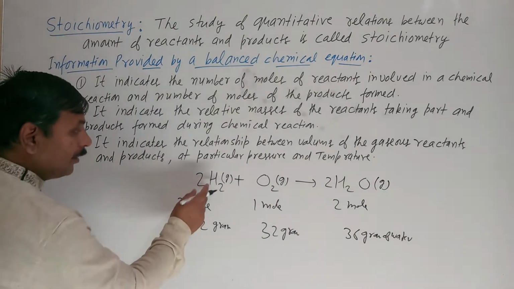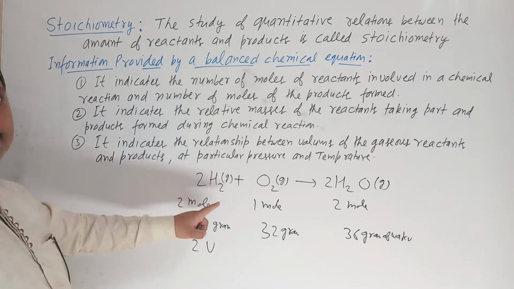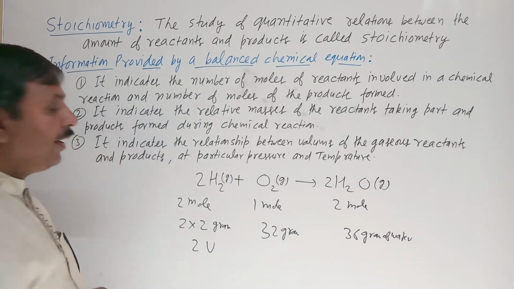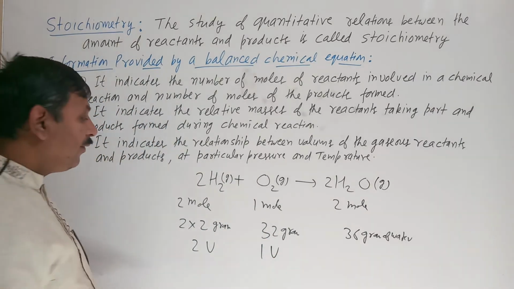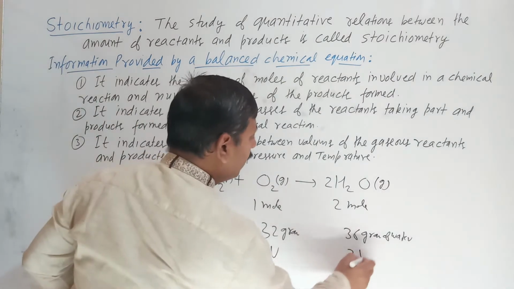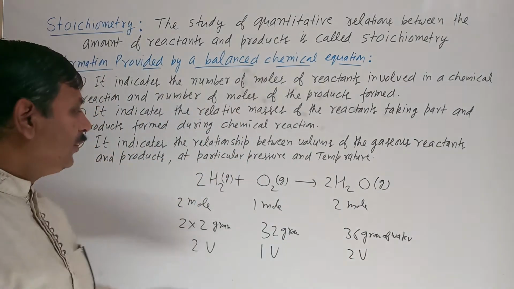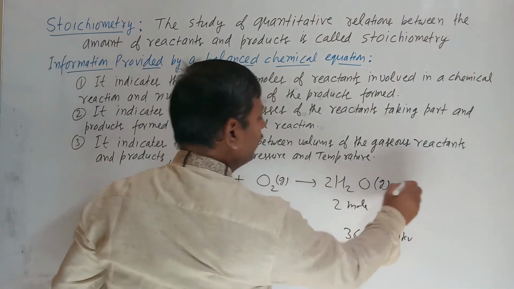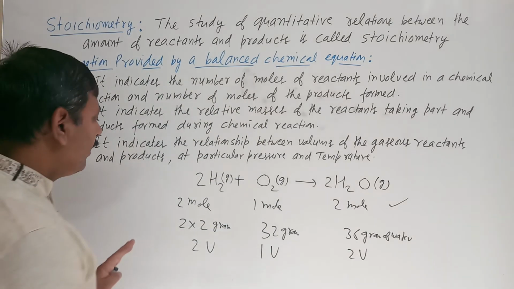Here you can see that two volumes of hydrogen gas react with one volume of oxygen, and they form two volumes of water vapor.